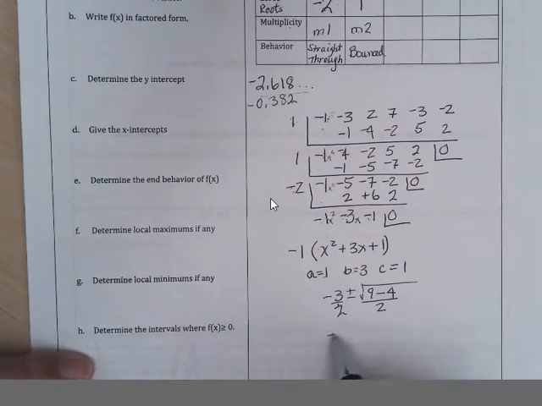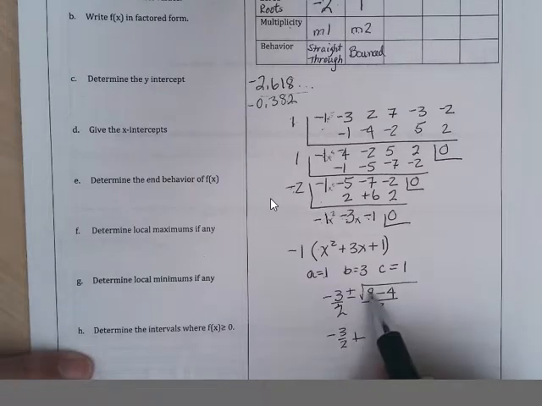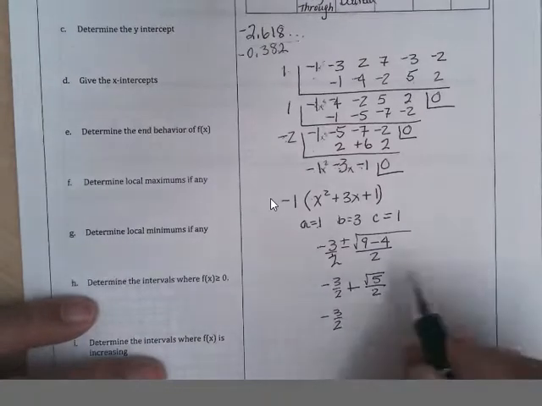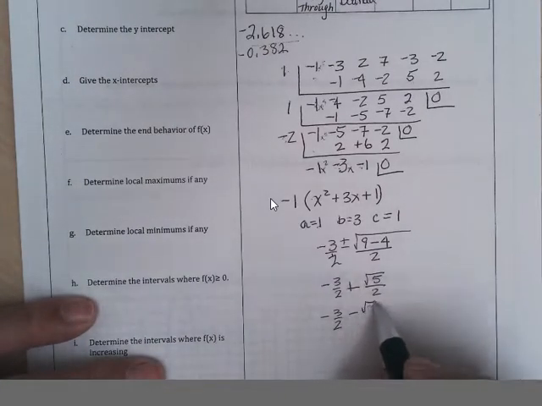So I have negative 3 halves plus the square root of 5 over 2, since 9 minus 4 is 5, and minus 3 halves minus the square root of 5 over 2.